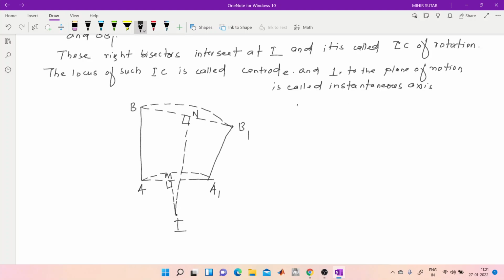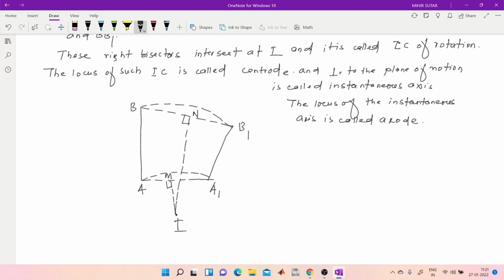The locus of the instantaneous axis is called the axode.